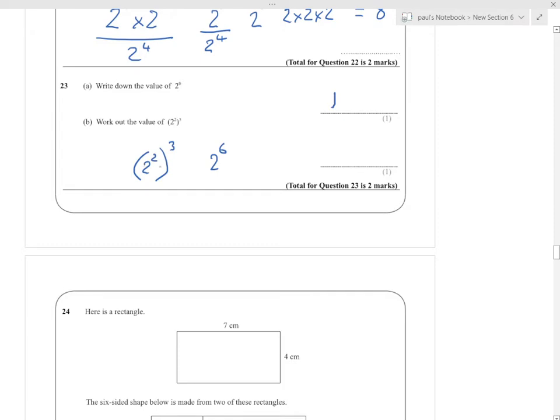Yeah, this is the best way. 2 to the 6, which is 2 times 2 times 2 times 2 times 2 times 2, 6 times. So 2 twos are 4, 2 fours are 8, 16, 32, 64 is the answer there.